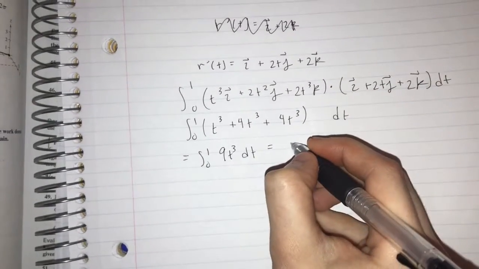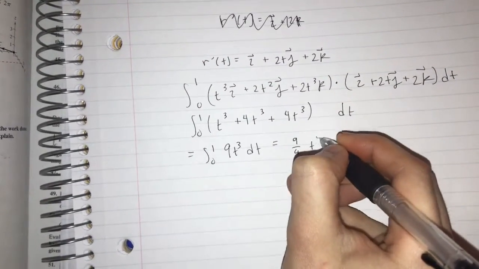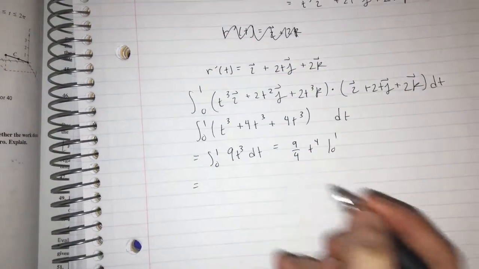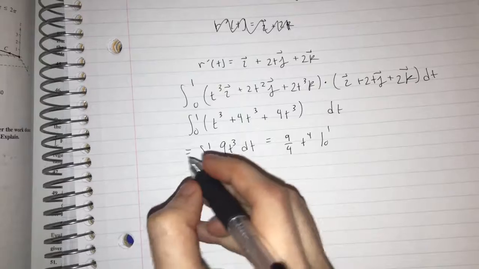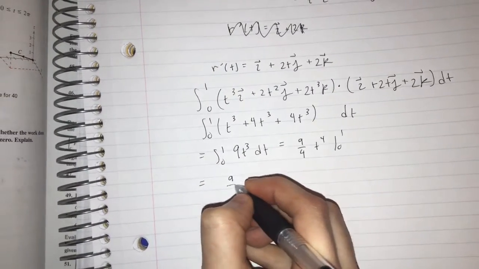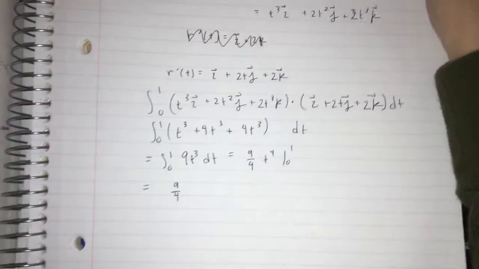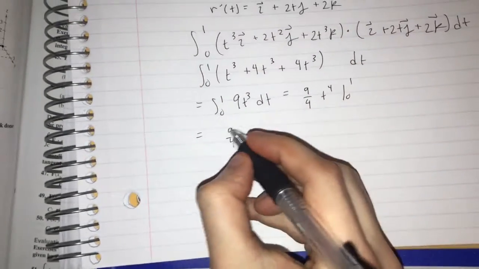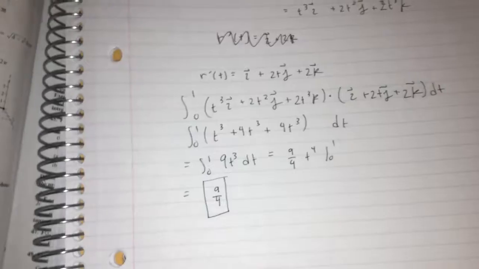So that would be 9 over 4 t to the fourth, from 0 to 1, so that would evaluate to 9/4, and that is our final value of the line integral.